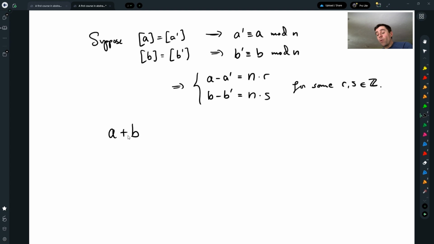And now let's see what happens if I add A and B. So A plus B, I want it to be exactly modulo n the same as A prime plus B prime. So what I'm going to do is, first of all, substitute the formula for A prime.